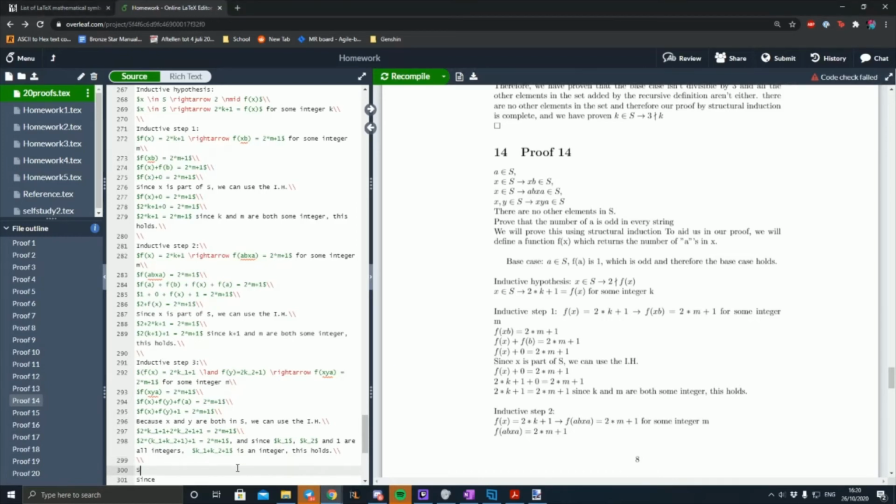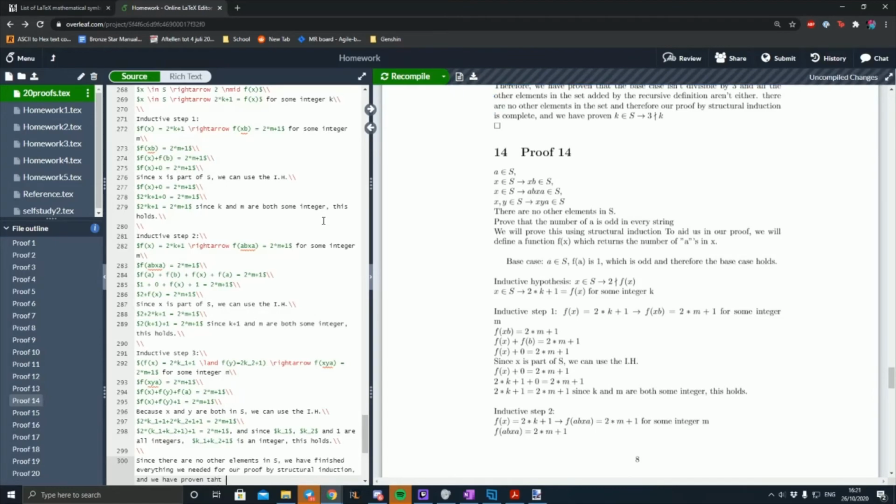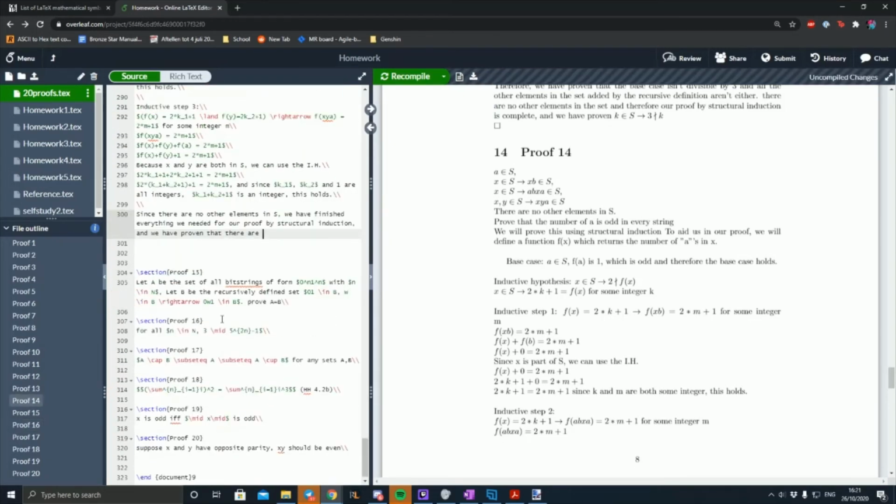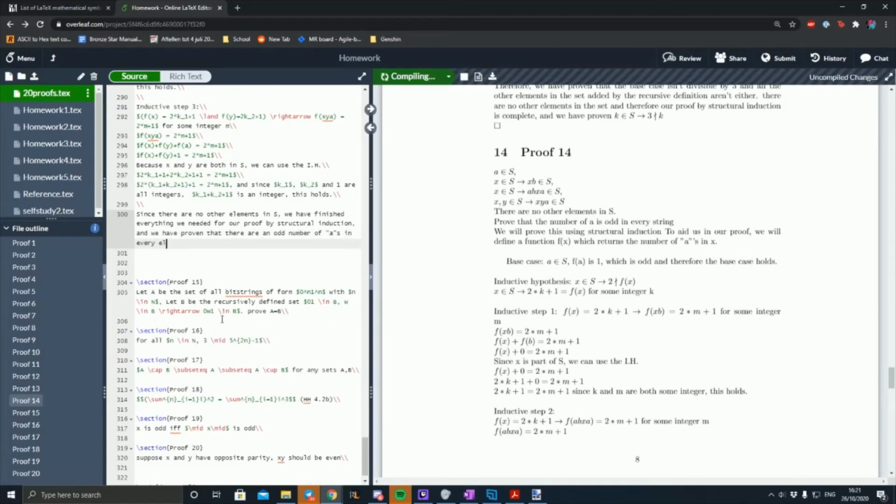Now we can say, since there are no other elements in S, we have finished everything we needed for our proof by structural induction, and we have proven that there are an odd number of A in every element in S. Proof 15.